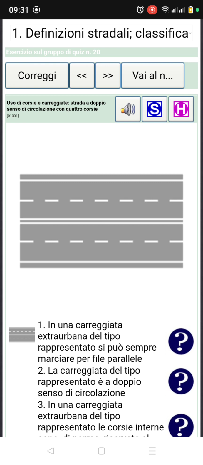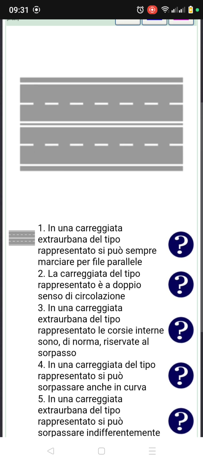And it has 4 lanes, which is 4 corsie. So two of the lanes are heading in one direction, while the other 2 lanes are heading in the opposite direction. That is just the significance of this very road. This is how it functions. So let's go to the question and answer.